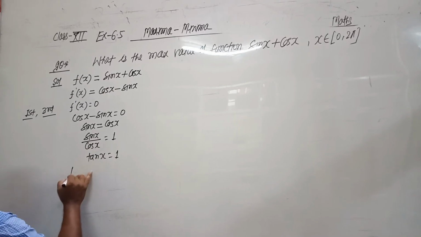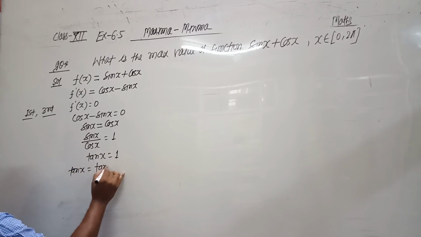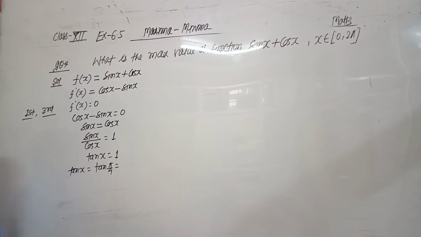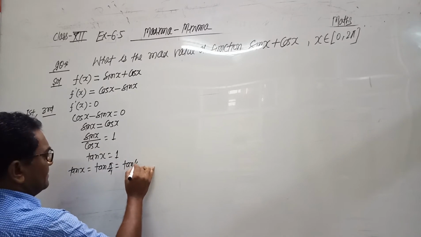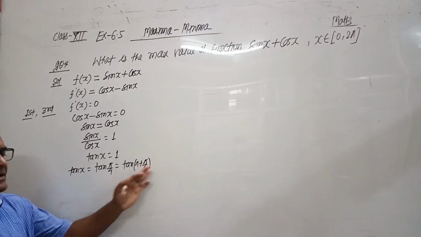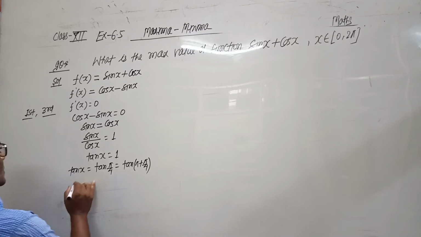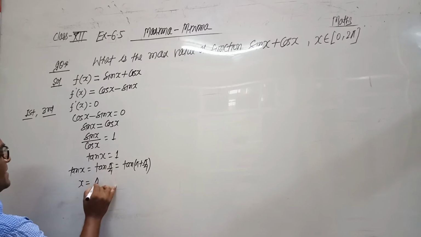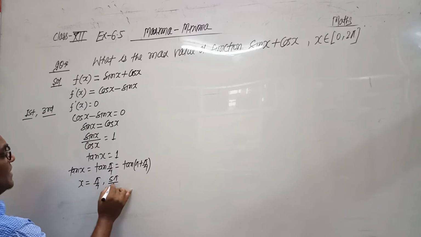So we can write tan x equals 1 as tan pi by 4. And in the third quadrant, we can write tan of pi plus pi by 4. We know tan of 180 plus theta equals tan theta. So the value of x we get is x equals pi by 4 and pi plus pi by 4, this is 5 pi by 4.